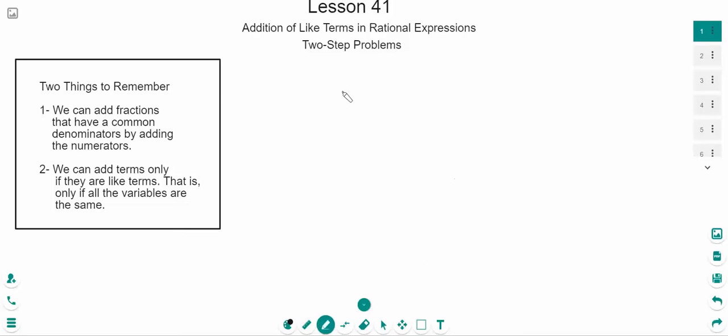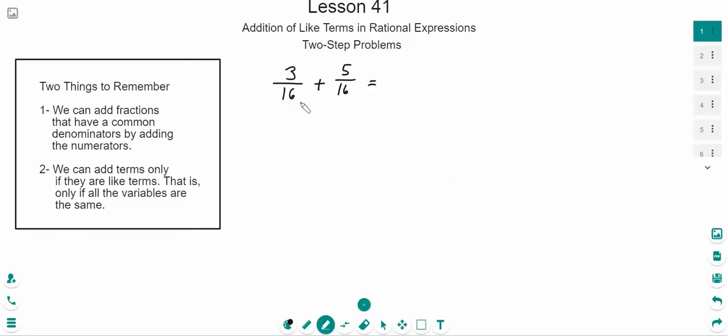So let's start by just looking at some fractions, and let's keep it simple. So if I have two fractions, let's say I have 3/16 plus 5/16, and I'm combining those. Can I add these? Well, sure, I can, because they each have the same denominator. They have a common denominator.